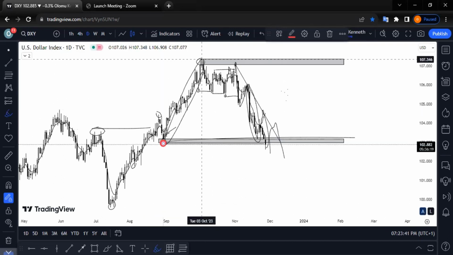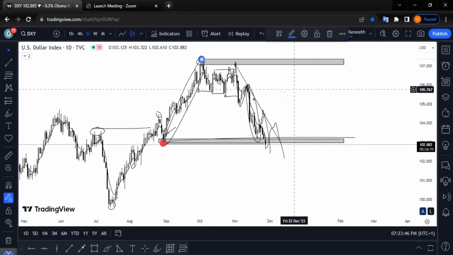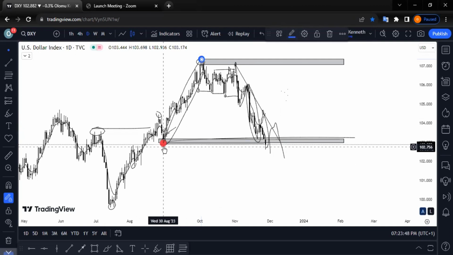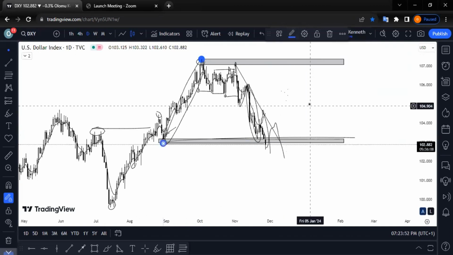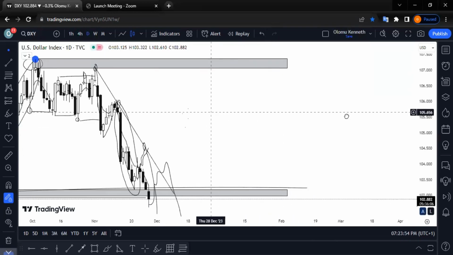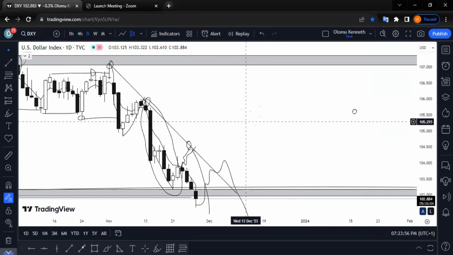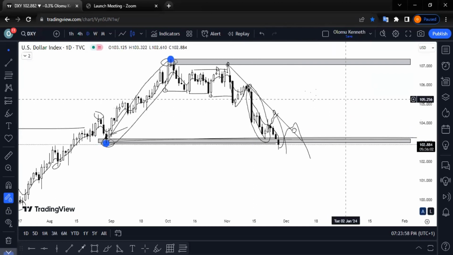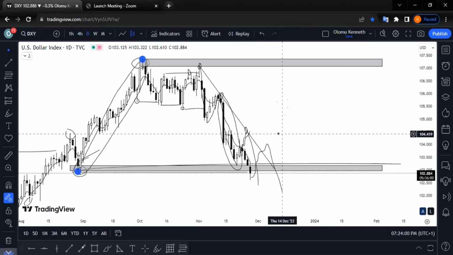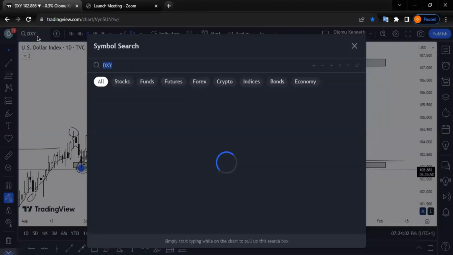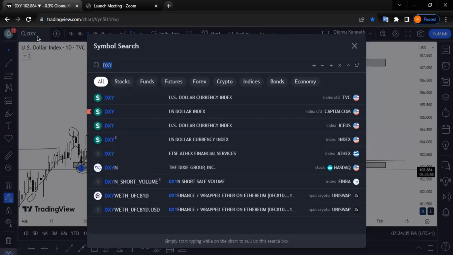Price has exceeded that level. So if we are looking at that, we'll be in favor of the dollar for the week, and we'll see how we can maximize this information that we've gathered so far. So let's look at Euro USD and the likes of it.